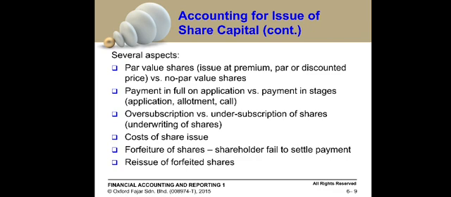So the shares that are unpaid by the share buyer, we call it forfeiture of shares. It is like cancelling the application. When shares are forfeited, the company has to reissue or sell the shares again. So that process is called reissue of forfeited shares.